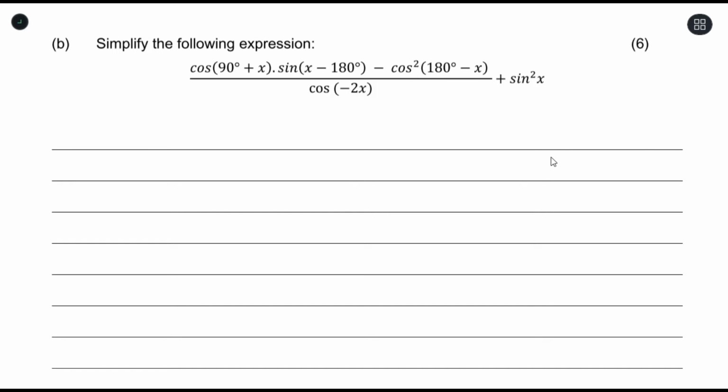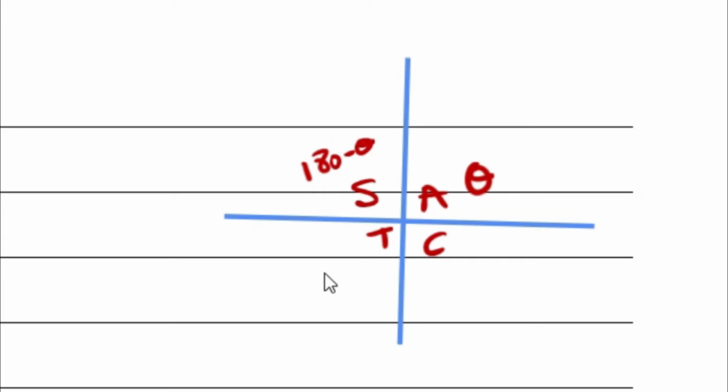Now I'm drawing the quadrant to help me remember all the identities necessary to calculate this question, right? Here's all positive, that's sine, that's tan, that's cos. Now for the positive quadrant, we consider this theta, this is 180 minus theta, this is 180 plus theta, this is 360 minus theta. Whenever you have the negative quadrant, it looks like this.